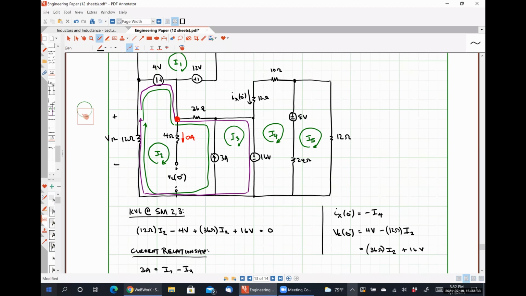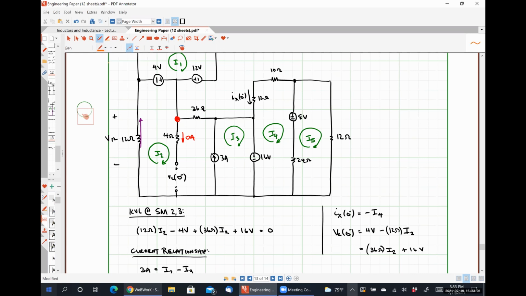So do you guys see how and why I did that? Can you explain it again? Sure. So what I'm doing is I'm just writing Kirchhoff's voltage law loops, right? So let me erase this guy and this purple jibber jabber as well. Okay.